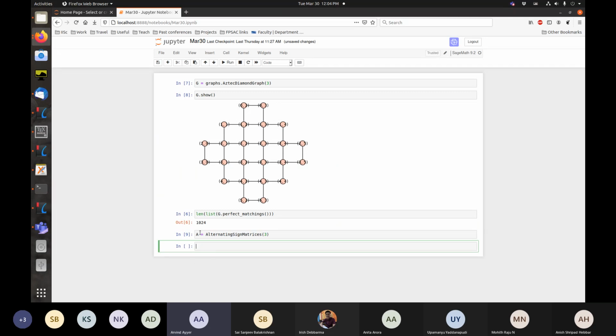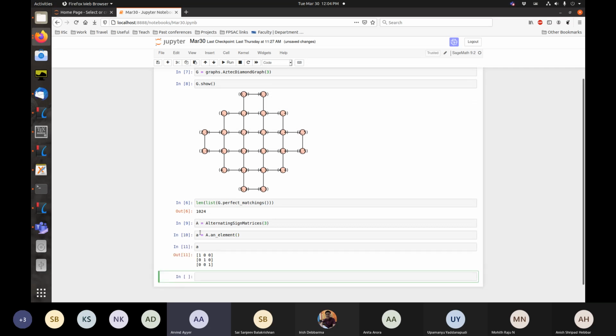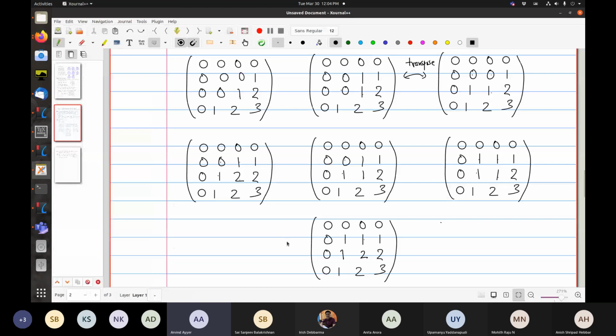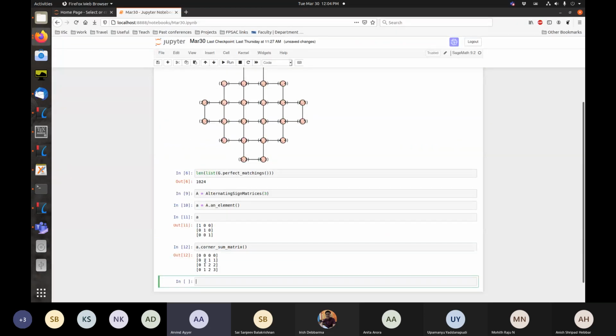No, corner sum is not there, but A is... okay. So corner sum matrix is there. So let's look at that. So this is the matrix. This is the last matrix that you guys built. Right, so now I can do A.